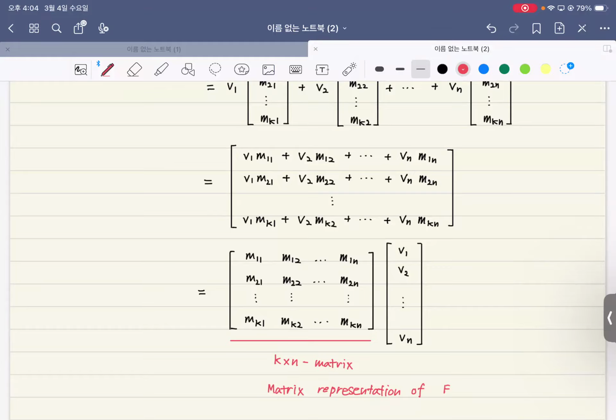Before I try to find the matrix representation, let me talk about the dimensions. The input vector is from 2 dimensions, and the output vector is 3 dimensions, right? So the matrix representation of this function must be 2 by 3. No, sorry, 3 by 2 matrix, right?